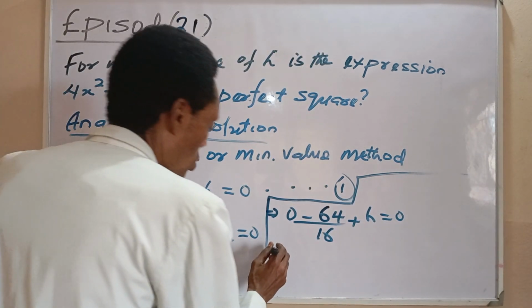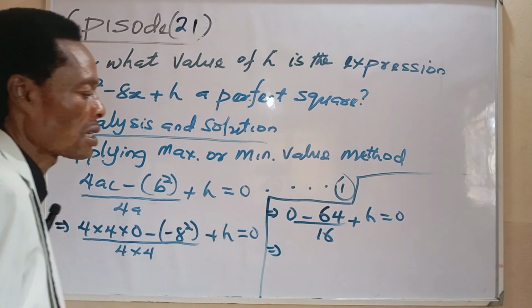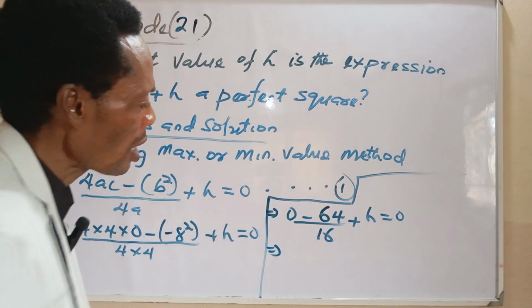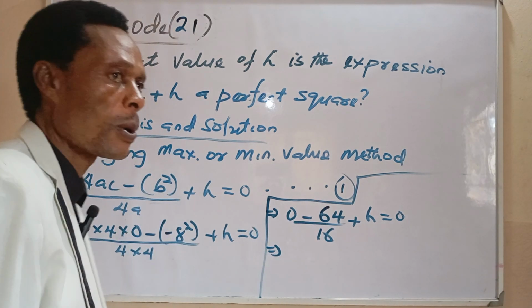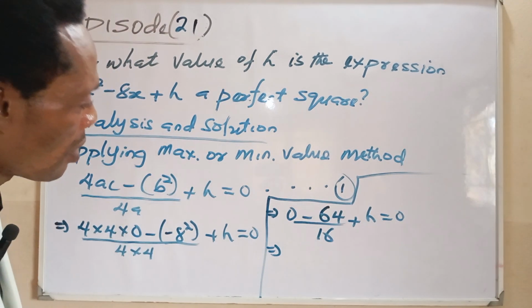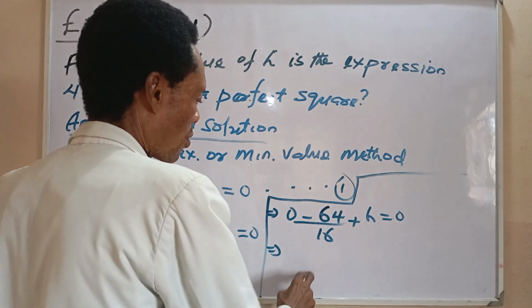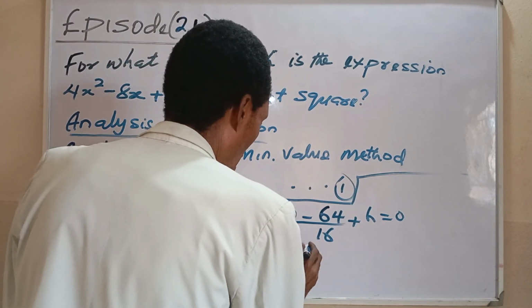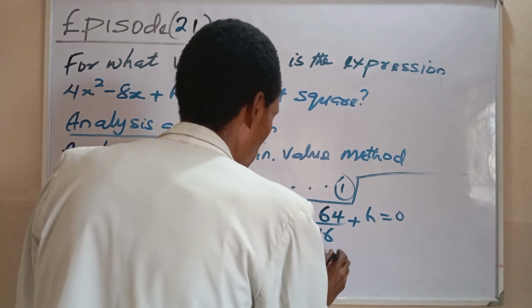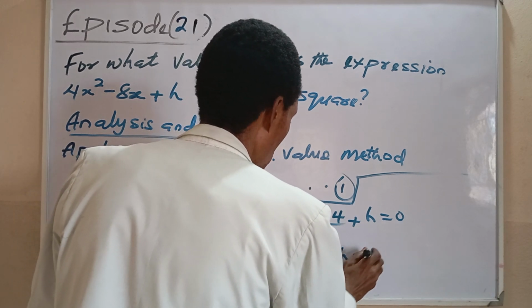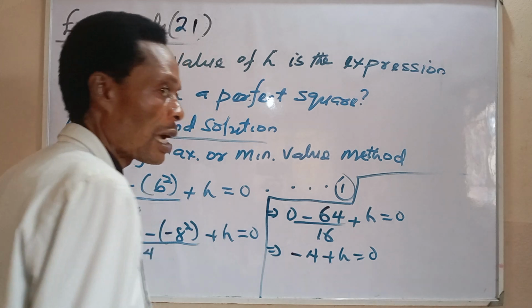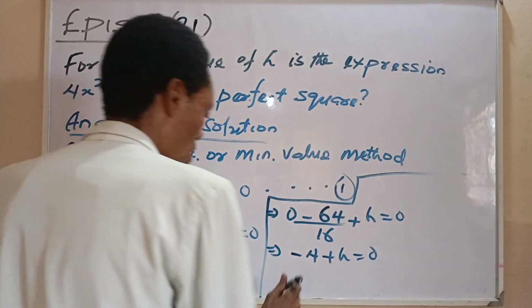Which implies 16 into 64 gives 4. So you are having minus 4 plus h equals 0. Then what are you looking for? You are looking for h.